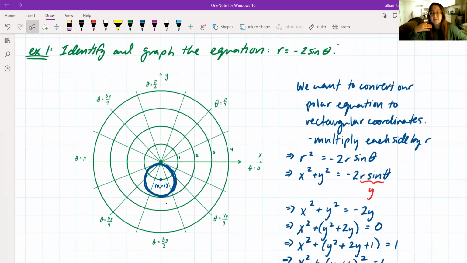You could check this with polar coordinates. We see that theta is equal to 3π/2. If we plug that value into sine of theta multiplied by -2, we would end up with the same value of r that we had here as well.